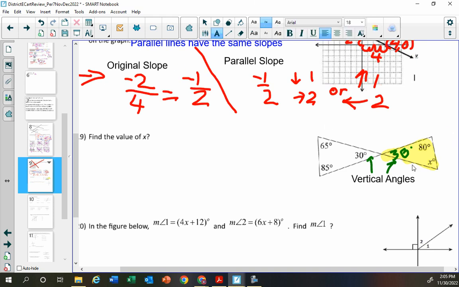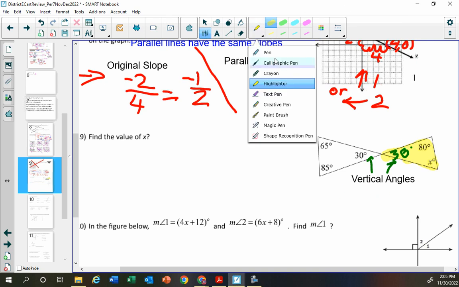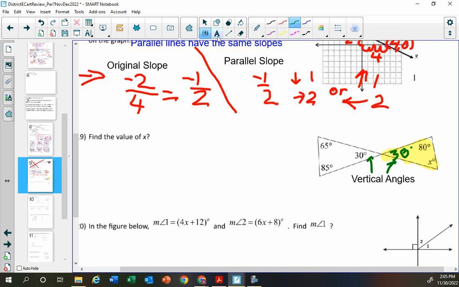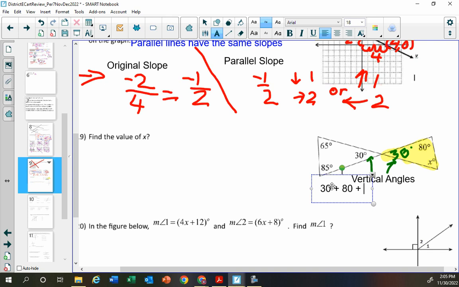What do we know about the sum of these three angles, ladies and gentlemen? They must add up to 180. So, given this highlighted triangle, remember, 30 plus 80 plus x, because this was just on your test not that long ago. So then, Richard, you said it.